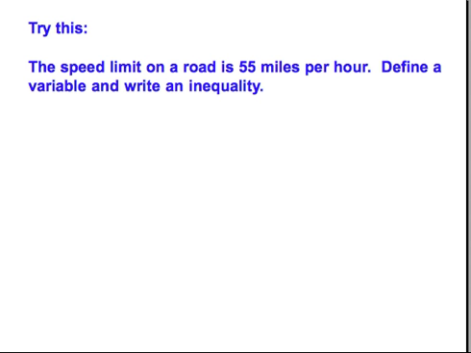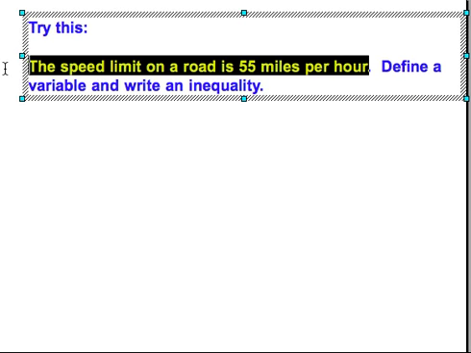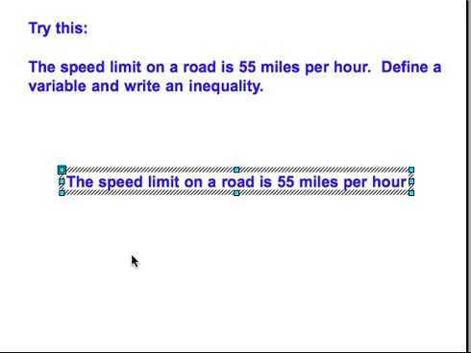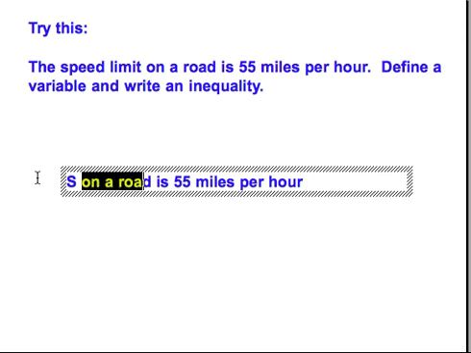Next slide, 224. The speed limit on a road is 55 miles per hour. So we have to figure out a variable, and if it's for the speed limit, then our variable could be S. So the speed limit is going to be S. On a road, doesn't really matter. Is 55 miles per hour.